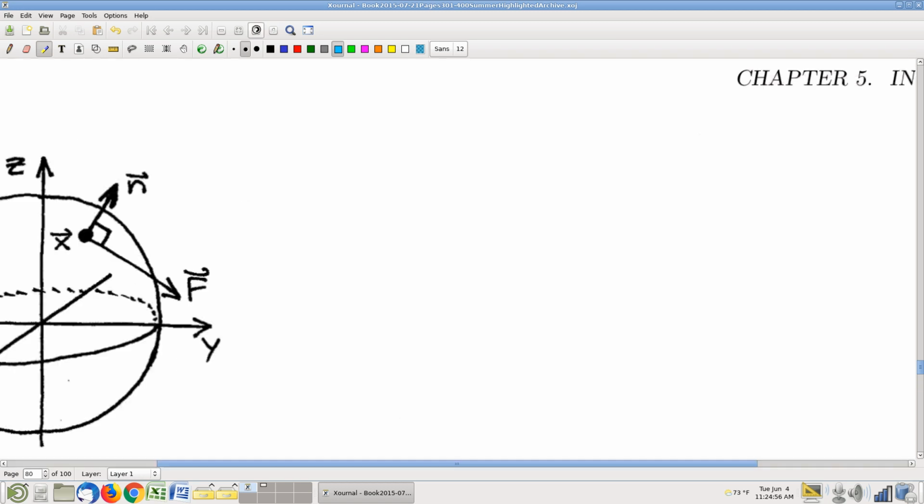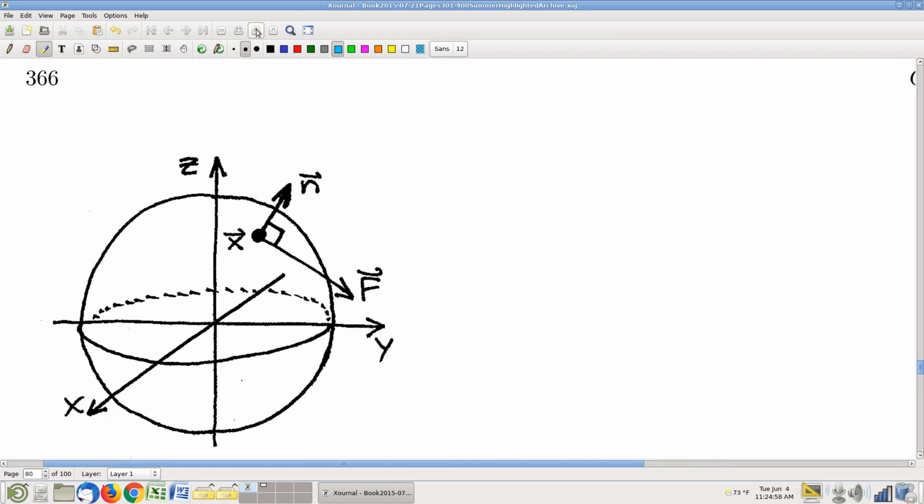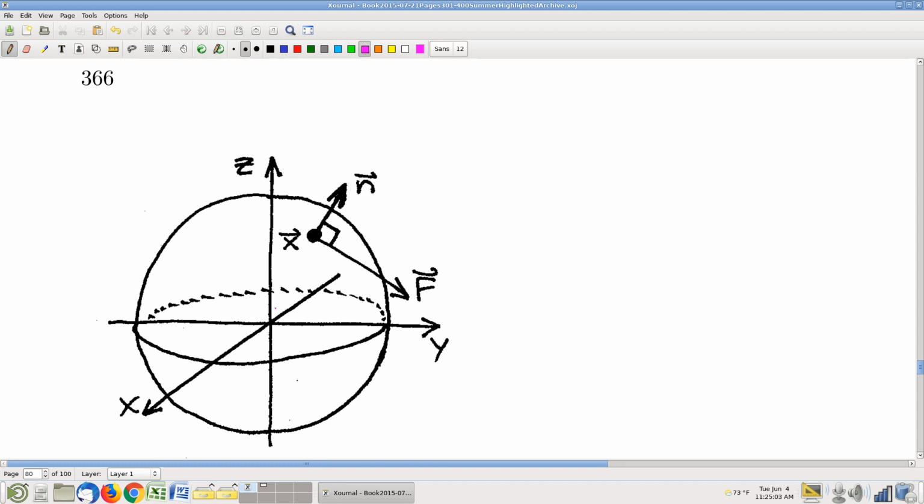Now, first of all, let's talk about how to write down the unit normal vector. Keep in mind this is a sphere of radius 3, which means that this position vector x has a magnitude equal to 3. Right, so that magnitude is 3. What can I say about this unit normal vector?